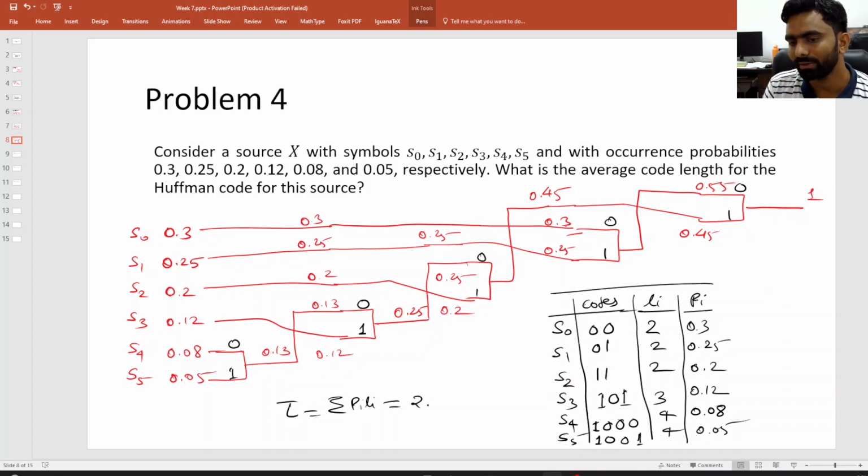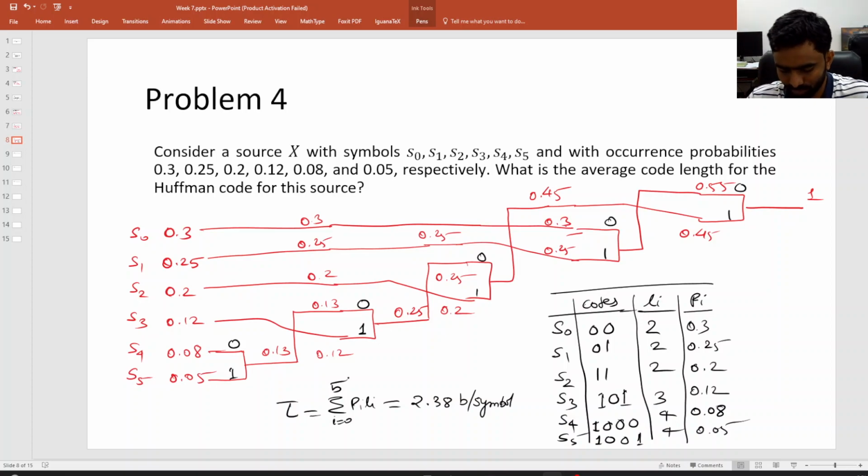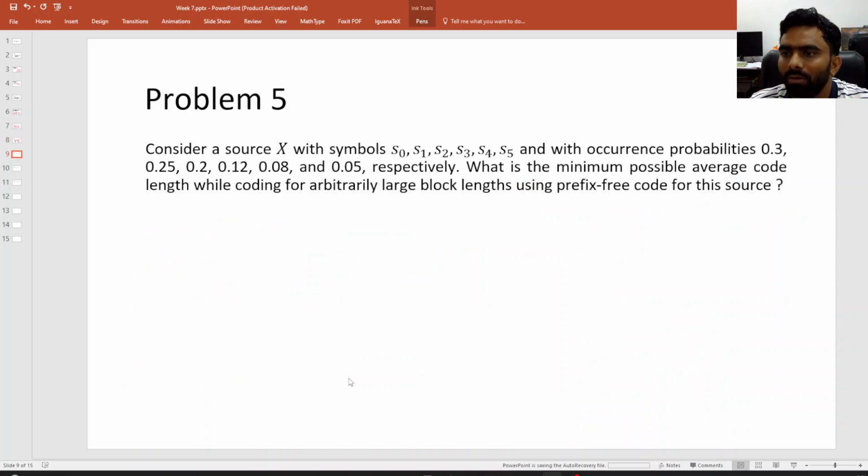What is the answer? 2.38 bits per symbol. When you multiply and add these two columns, with i equal to 0 to 5, you will get 2.38. I hope this is clear. Already I have taken one problem on this, so it will be easy for you. A similar problem we have also solved.